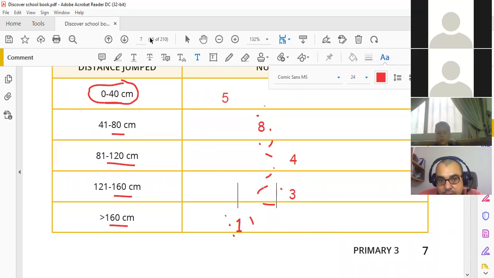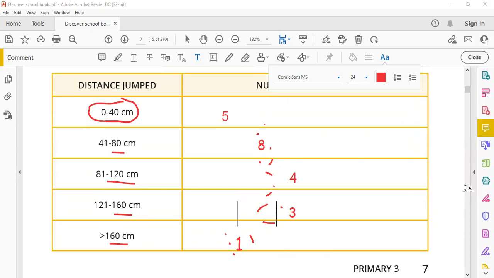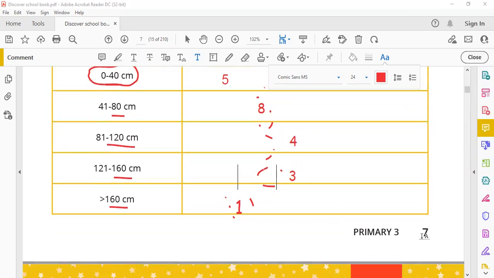Did you finish this? Yes, Salahuddin, do you have a question? Master, page 7 is page 9. Okay. Can you see this number? Yes. What is this number? 7. And what did I say now? Page what? 7. So what is the problem now?